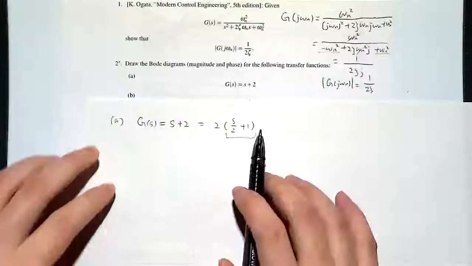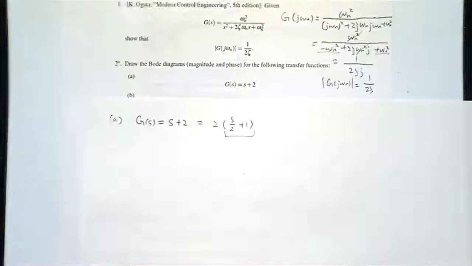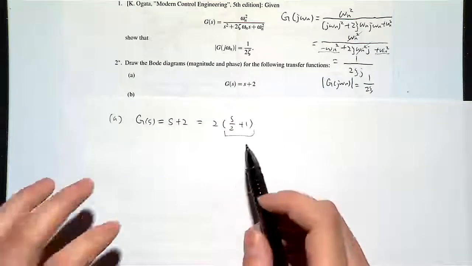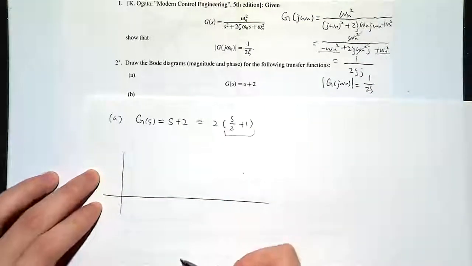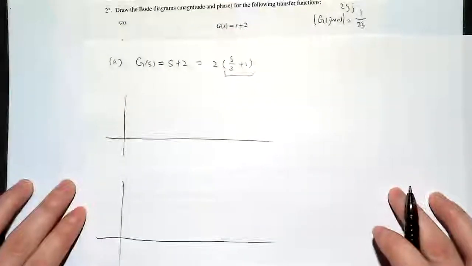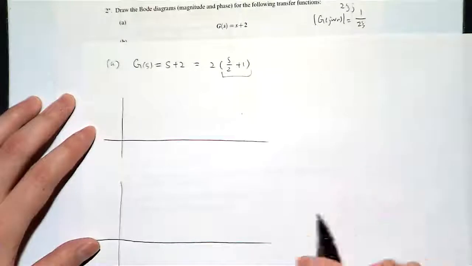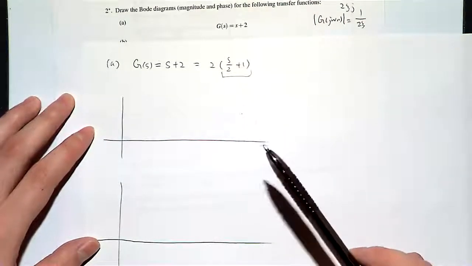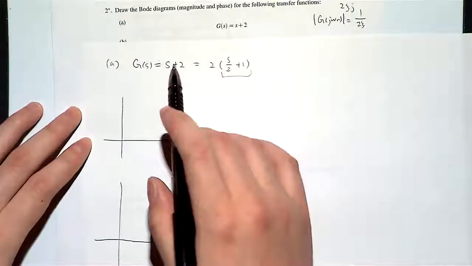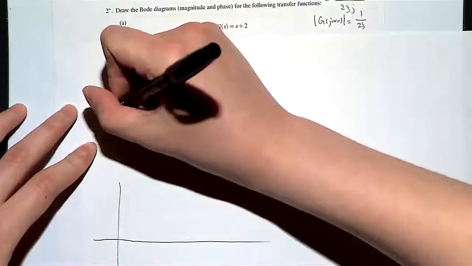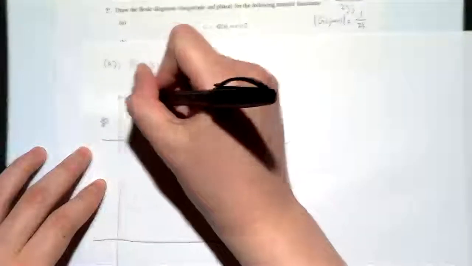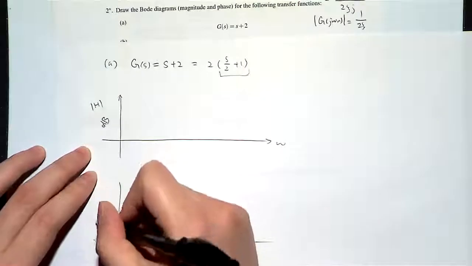Okay, so now we can draw the Bode diagram of this transfer function. So firstly, what is a Bode plot of a constant on the gain plot? It's just a straight line, right? Well, this is in decibels. That's the magnitude, and this is the phase.